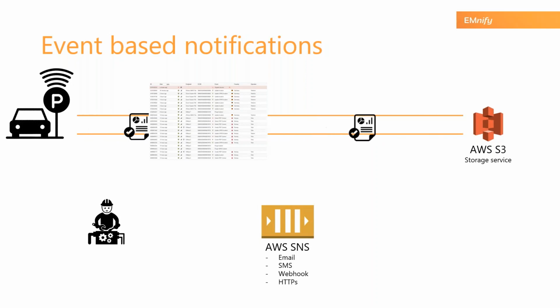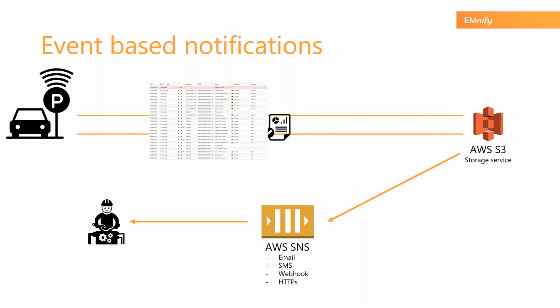S3 will trigger a notification to SNS, and all subscribers to a specific topic will receive this information and then be able to act on it. We will show this example live in a second webinar, which will happen in 2 weeks, together with Brian as well.